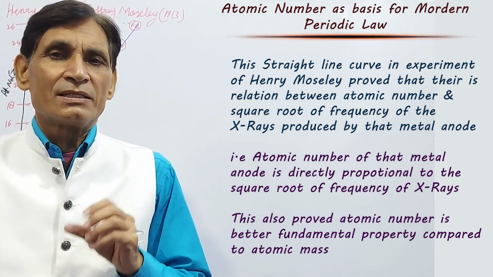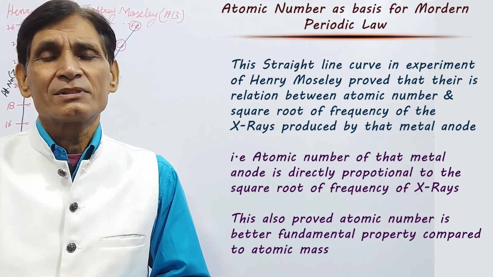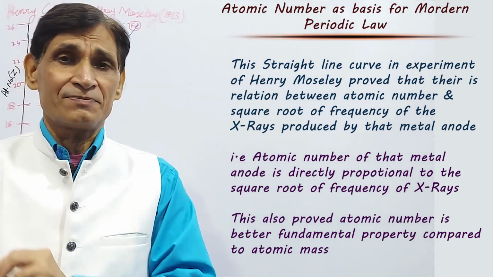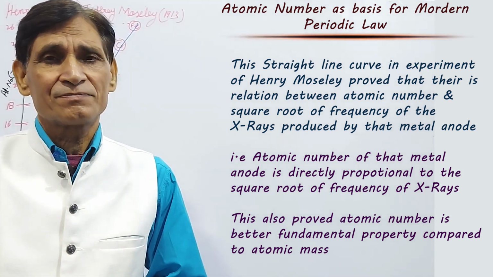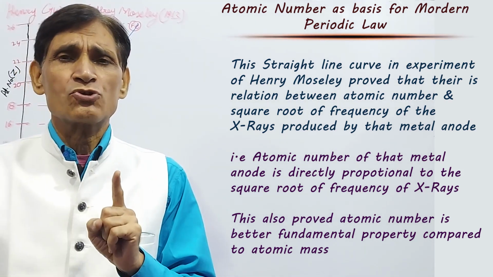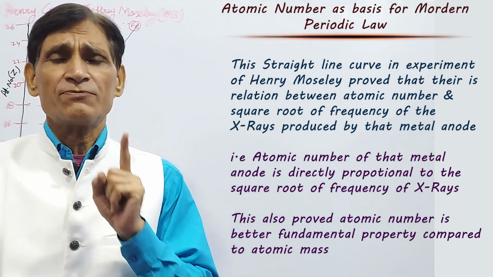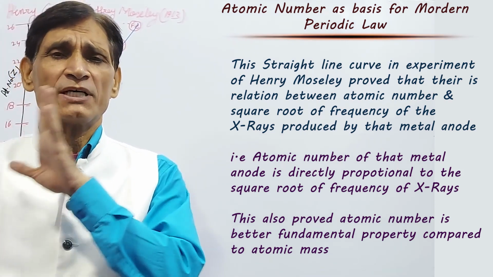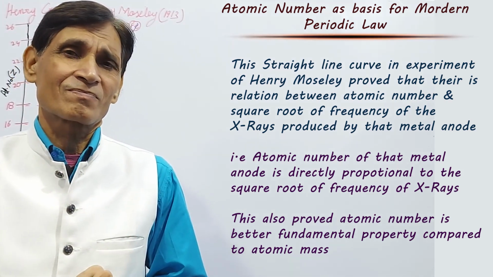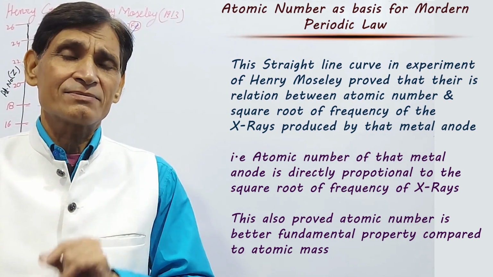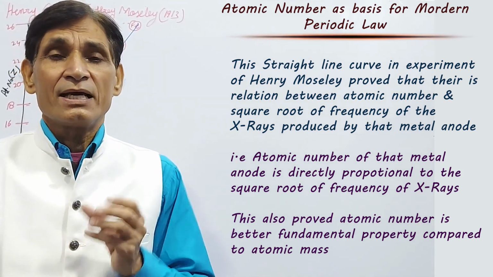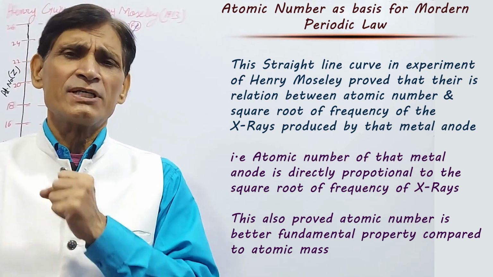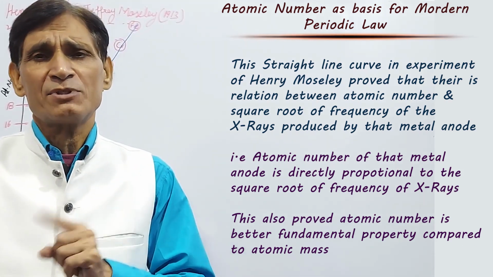Hence, this experiment led Moseley to believe that atomic number, not the atomic mass, is directly proportional to the square root of the frequency of X-rays produced by that metal. And it also proved that atomic number is a better fundamental property compared to atomic mass.